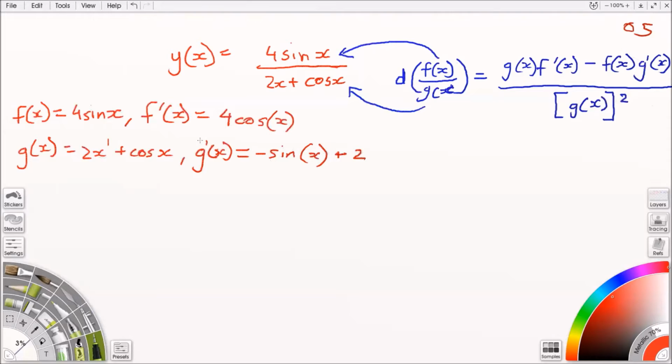Now that we know what our functions are and their derivatives, we can now derive this whole function here and turn it into this. So I'm actually going to change color so this working stands out now. Actually, I want this to be like a black-ish.